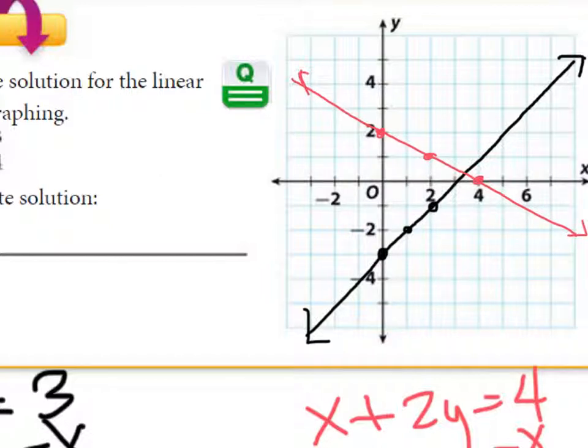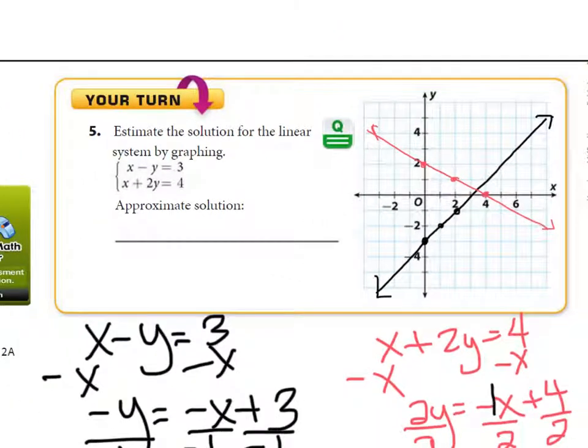So now the last thing to do is to identify what the approximate solution is. Well, notice that we're past 3, almost in the middle. I'm going to say 3.4. And then we are in between 0 and 1, but we're not quite halfway there yet, so I'm going to say 0.25 here.